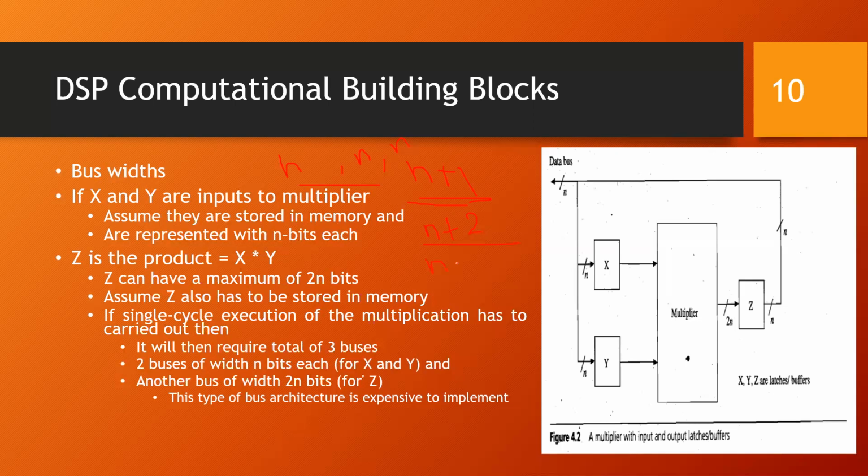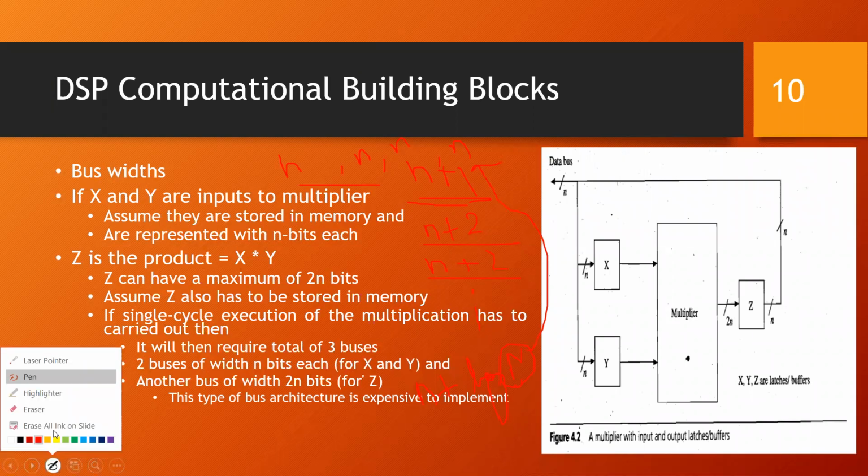Then if I go for 4 n-bit numbers, I would require 2 additional bits even in this case. So if I keep on continuing, I would require n plus log n, where n is the number of elements you want to add.